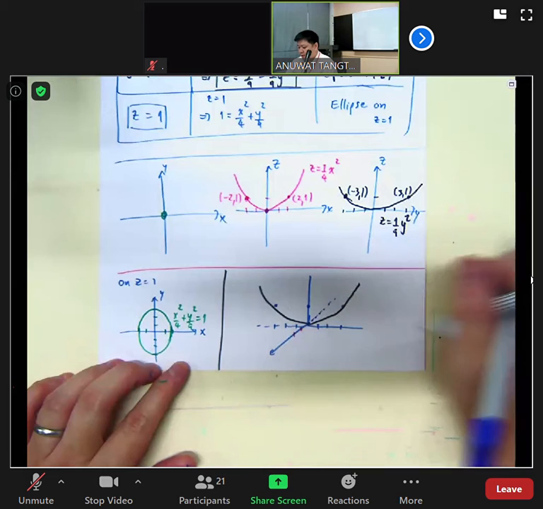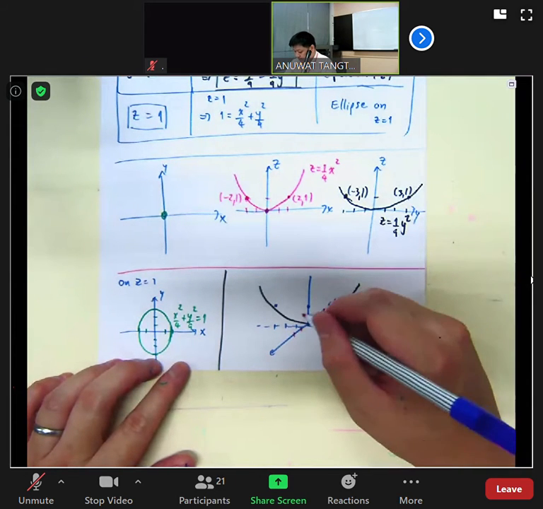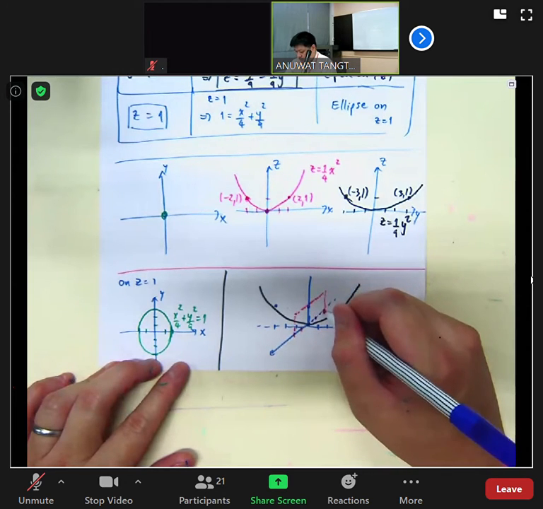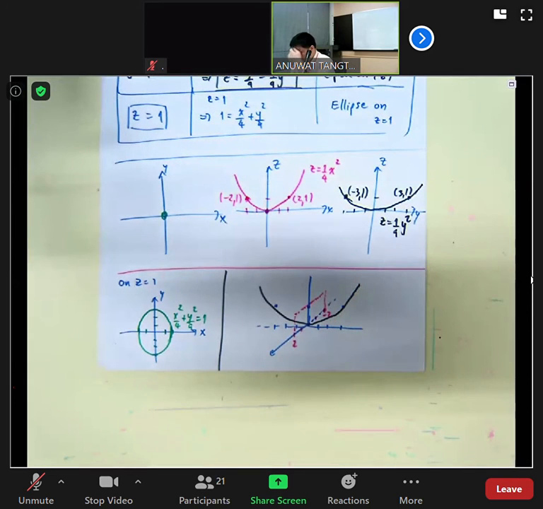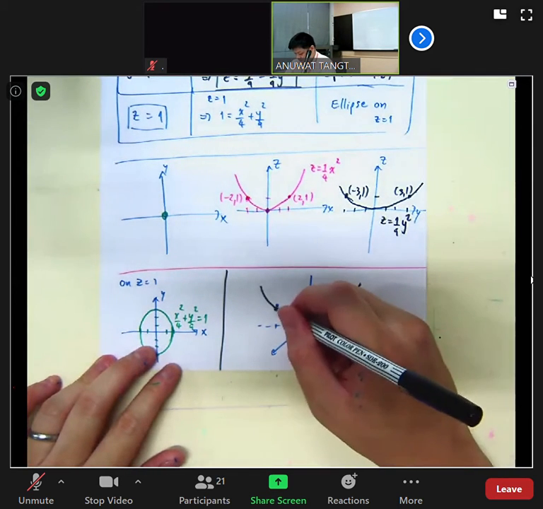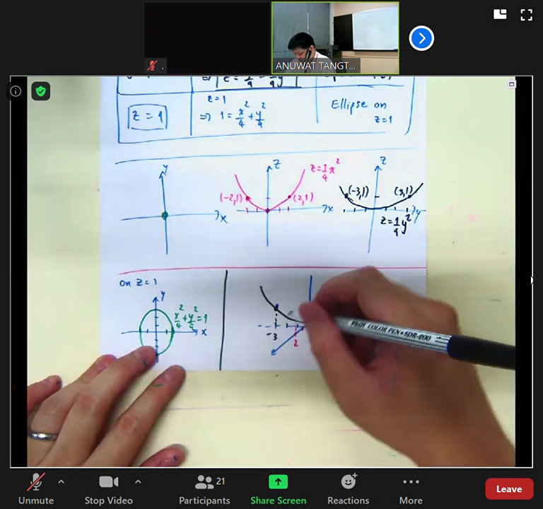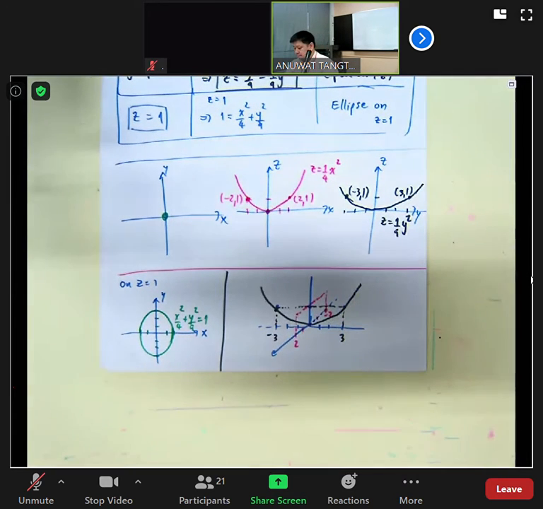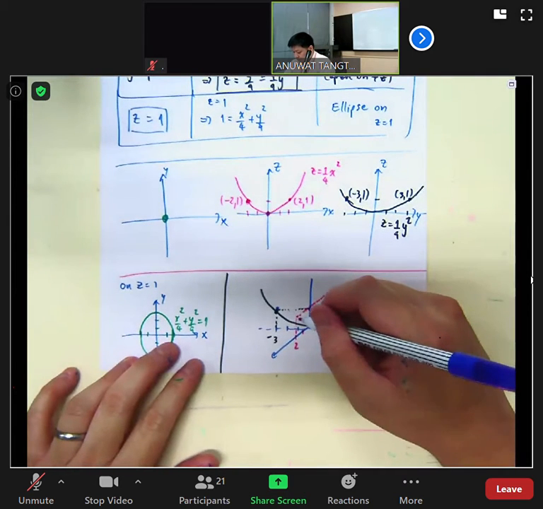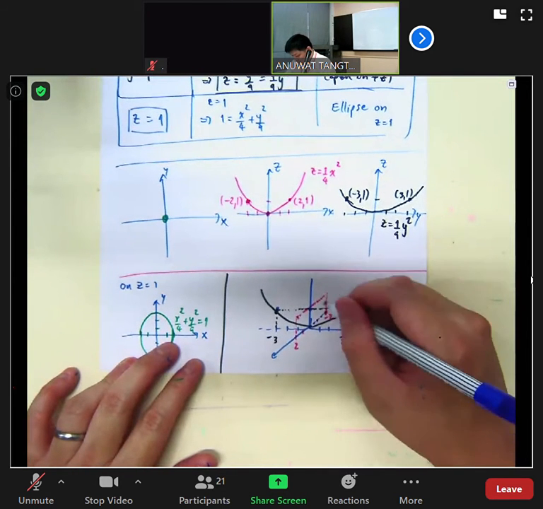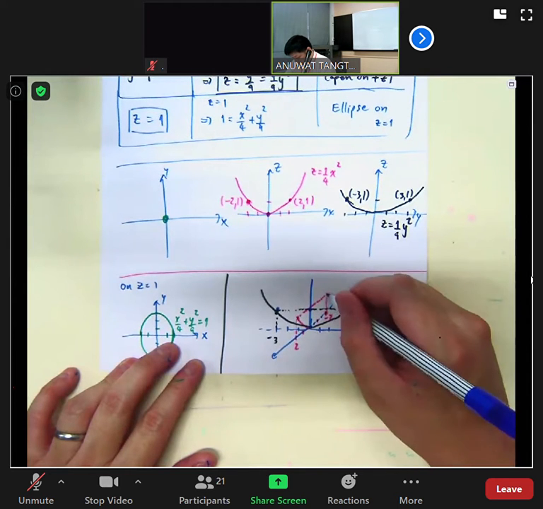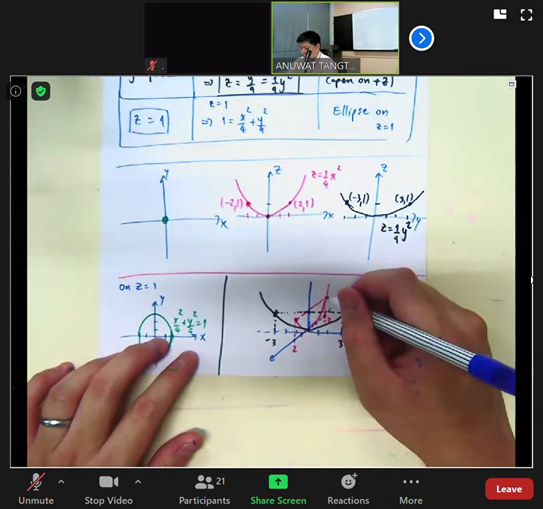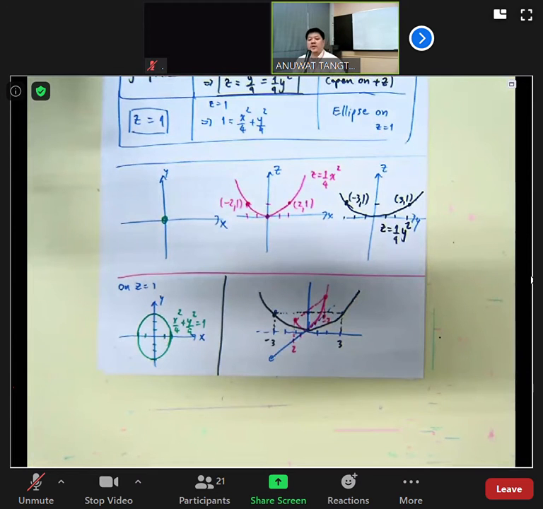And we draw another one on the xy plane. Okay, so we have two parabolas there.